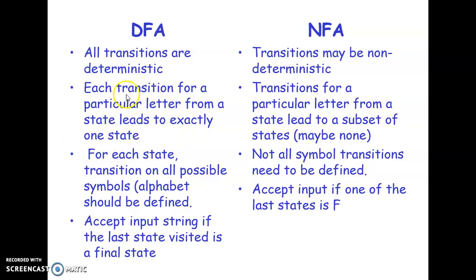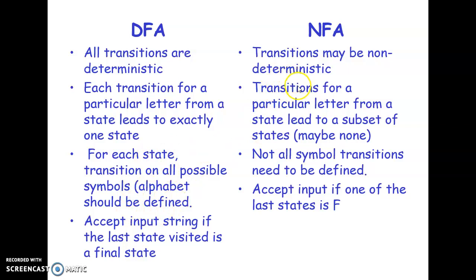So, if there is an outgoing edge for a letter, that edge will be only one, and it will lead to only one state. Similarly, for each state, transitions on all possible symbols of the alphabet should be defined. From every state, a transition should be defined for all letters of sigma. This is the idea in the third point.